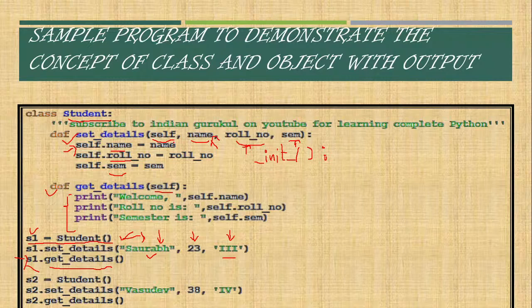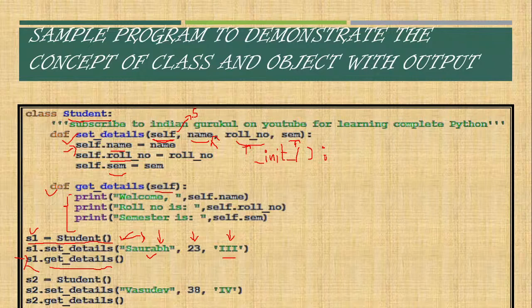One very important point is that this self could also be given some other name. It's not mandatory to write self only. We can provide any other name, but we cannot use any predefined keyword. We can simply use s or any other name.